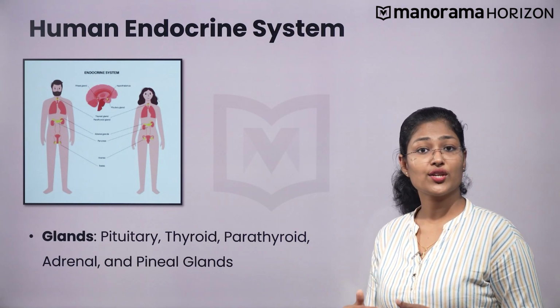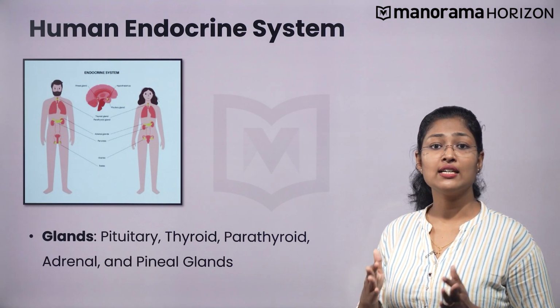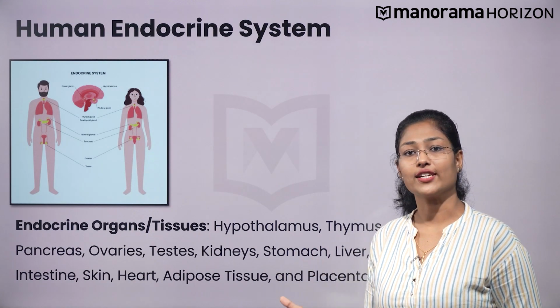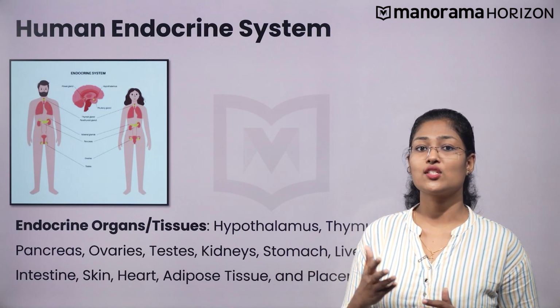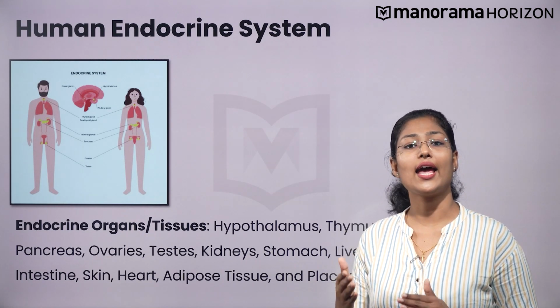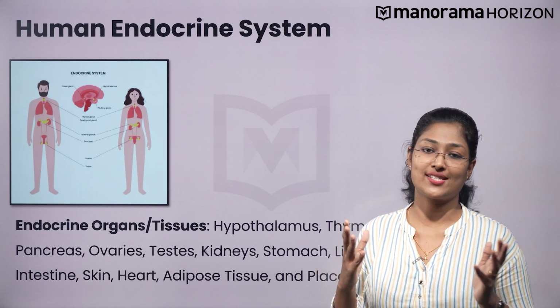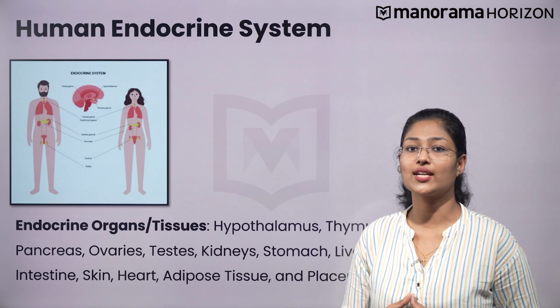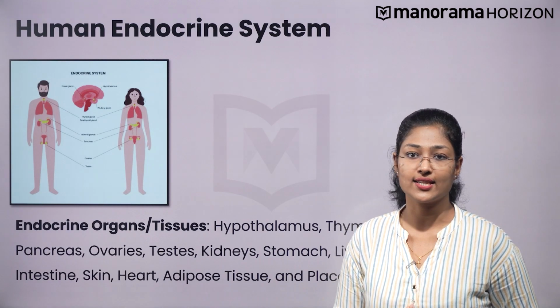The other endocrine organs or tissues are the hypothalamus, thymus, pancreas, ovaries, testes, kidneys, stomach, liver, small intestine, skin, heart, adipose tissues and placenta. Let us discuss the hypothalamus and pituitary gland and their hormones in detail now.